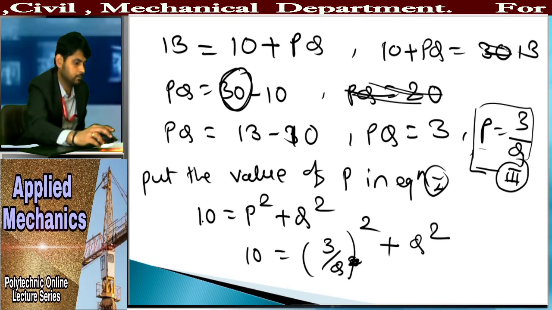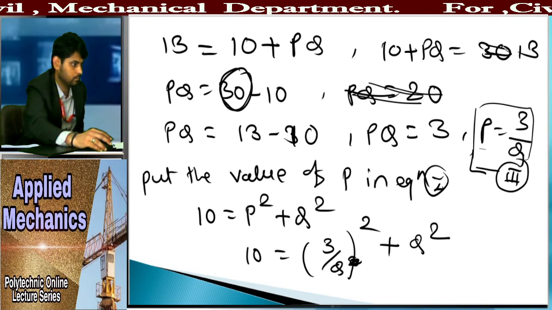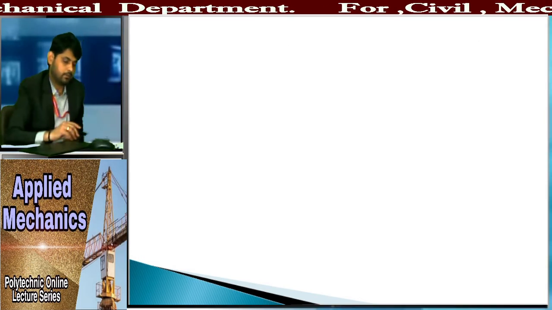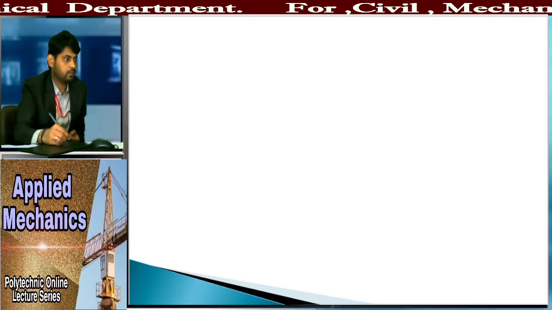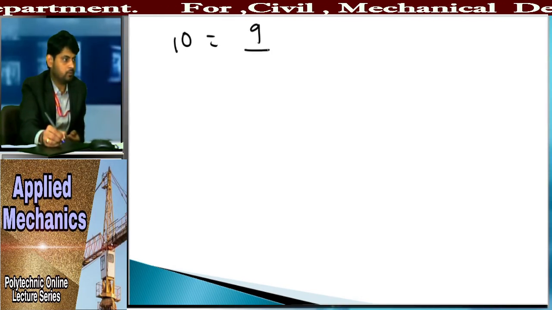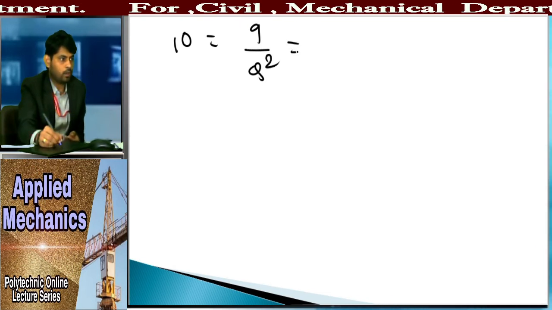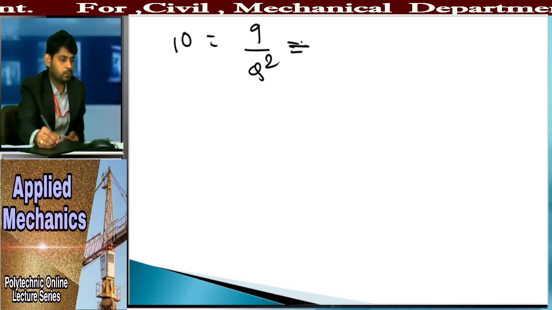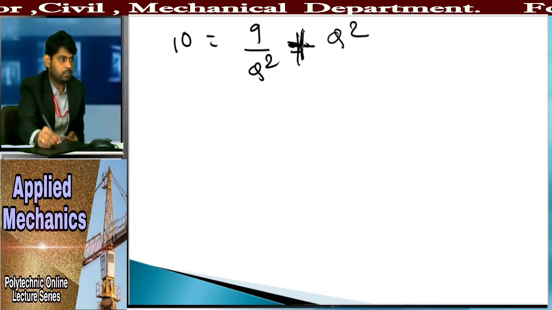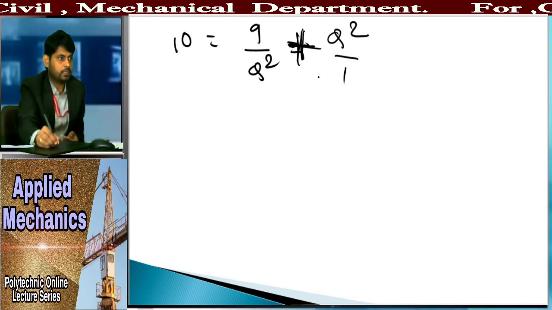After that you can see here 10 is equal to 9 upon q square plus q square. So here no term means 1.